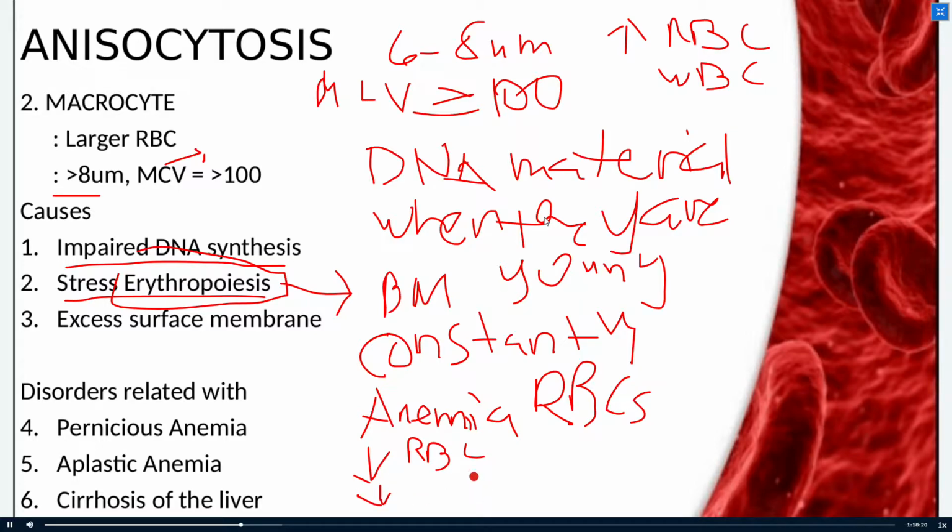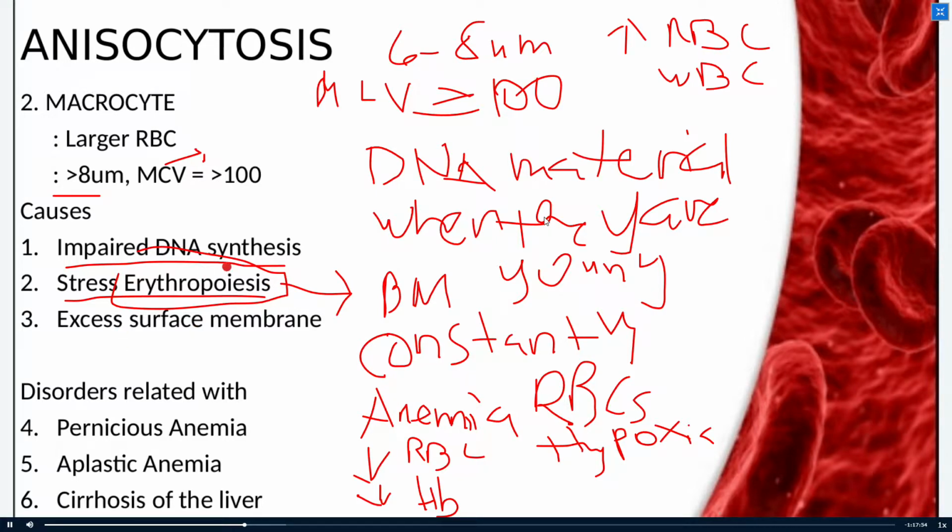So to compensate, the body would produce more RBCs. Another one? Polycythemia vera, yes, as well. That's possible. Hypoxia, yes, okay. What else aside from hypoxia? Yes, anemia. Any type of anemia could cause erythropoiesis.